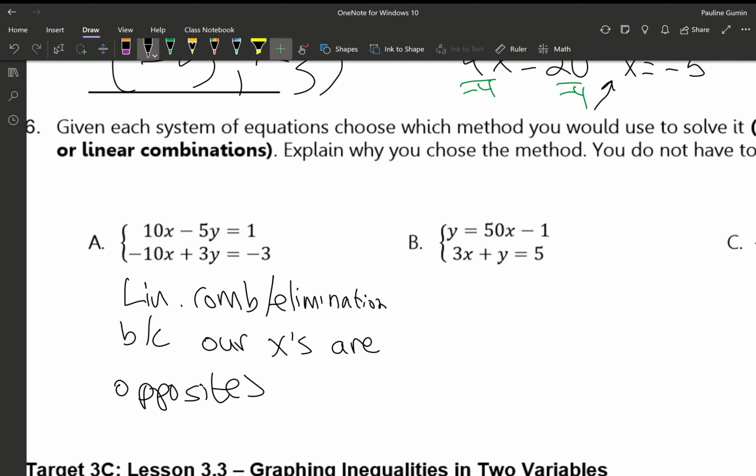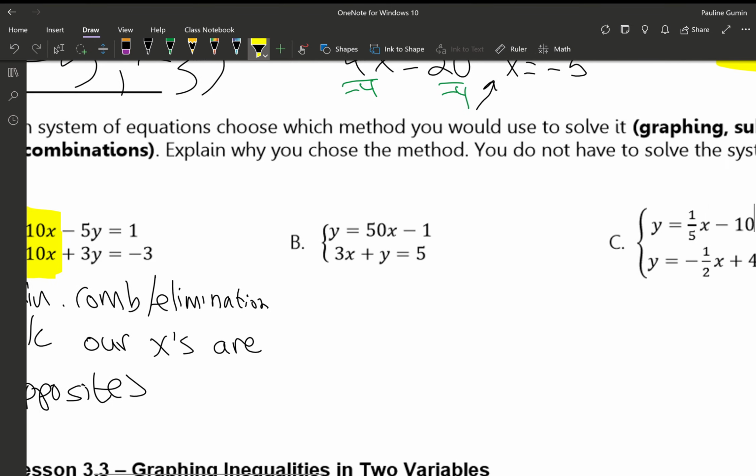And check it out. We have a positive 10x and a negative 10x. So if we added them going up and down, the x's would cancel. Everything would turn out beautifully.